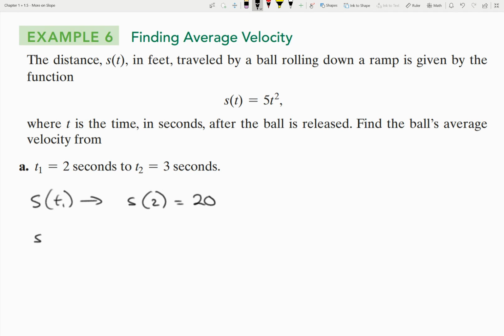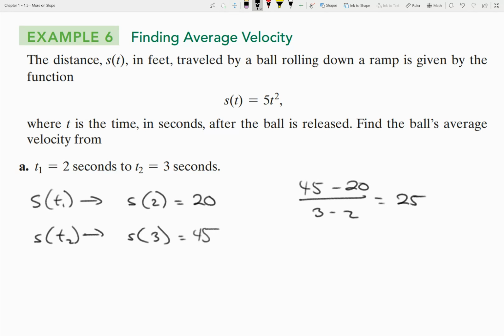And s of t2 would be s of 3, which would be 45. Okay, so we would have 45 minus 20 over 3 minus 2, which would be 25, but now we need units.